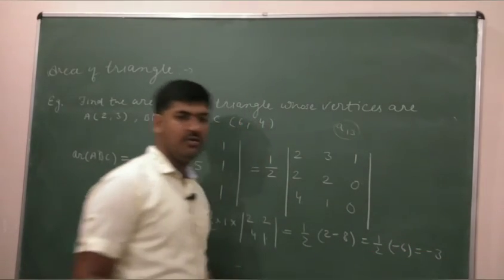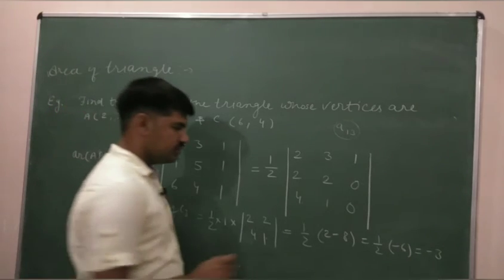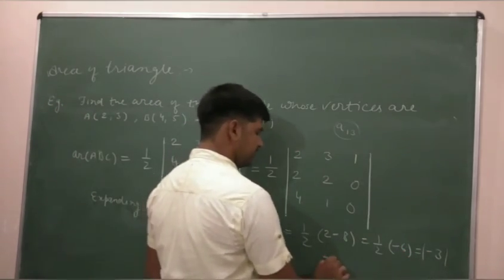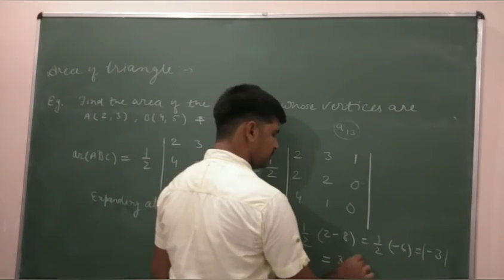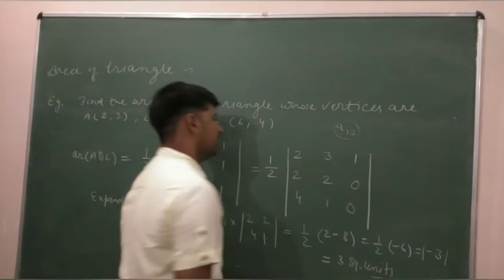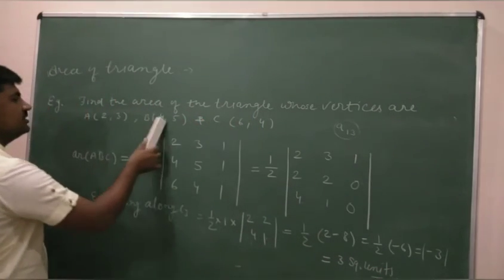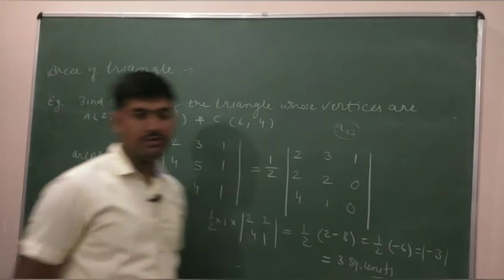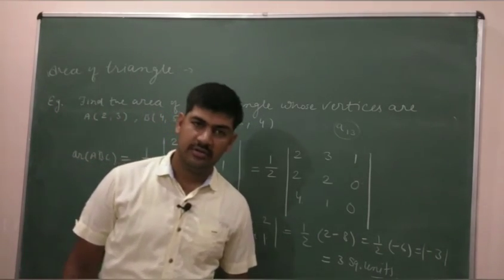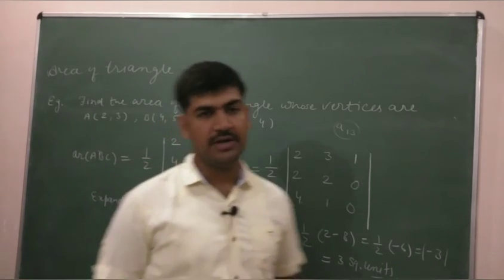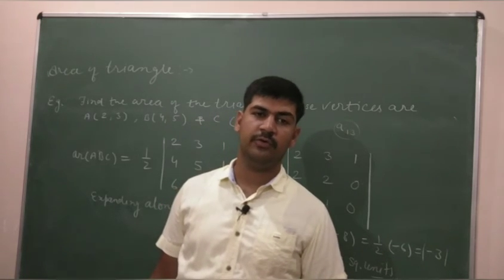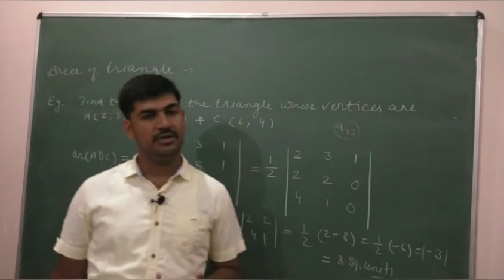Since the area of a triangle is never negative, we have to take the absolute value of this minus 3, and that is equal to 3 square units, the area of this triangle which is formed by these 3 points. I am sure you have understood what is the area of a triangle in the form of a determinant, and how to find the area of a triangle using the formula in the form of a determinant. Thank you very much.